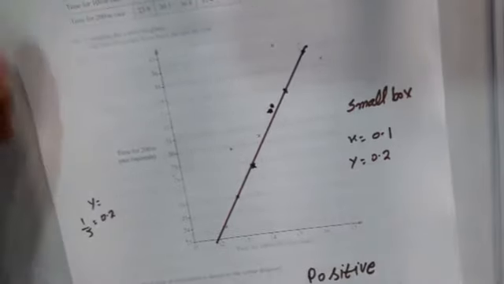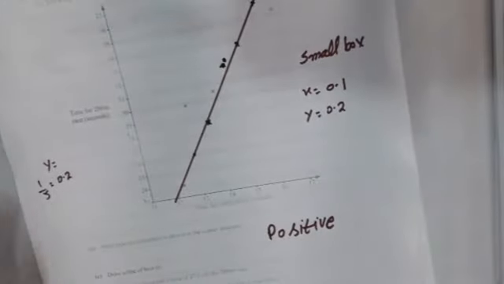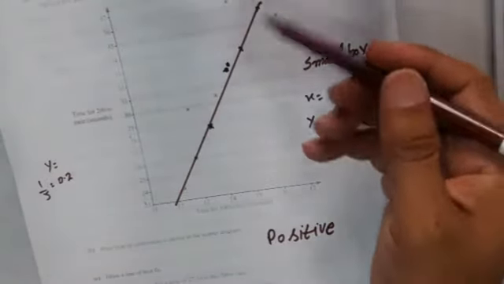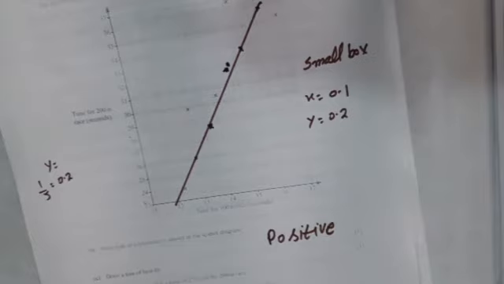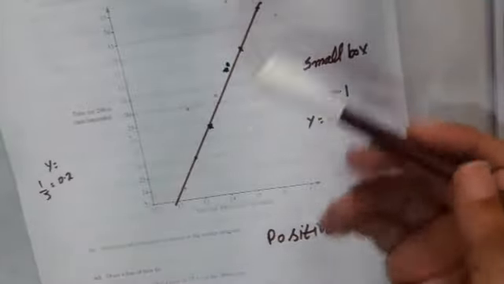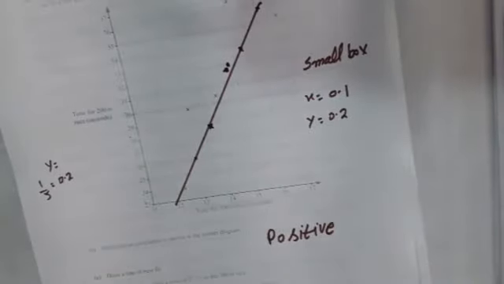Okay, now we have to draw a line of best fit. I have drawn it for you. The line of best fit is the line which covers almost all the points, or the maximum number of points, and the number of points above and below the line will also be equal.